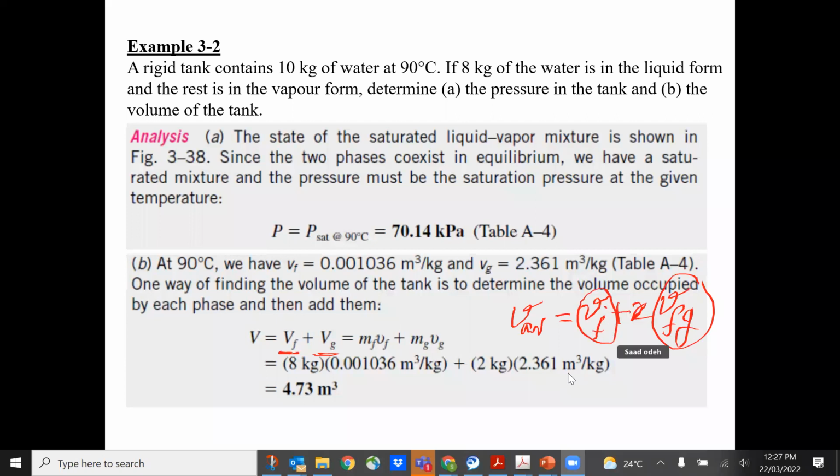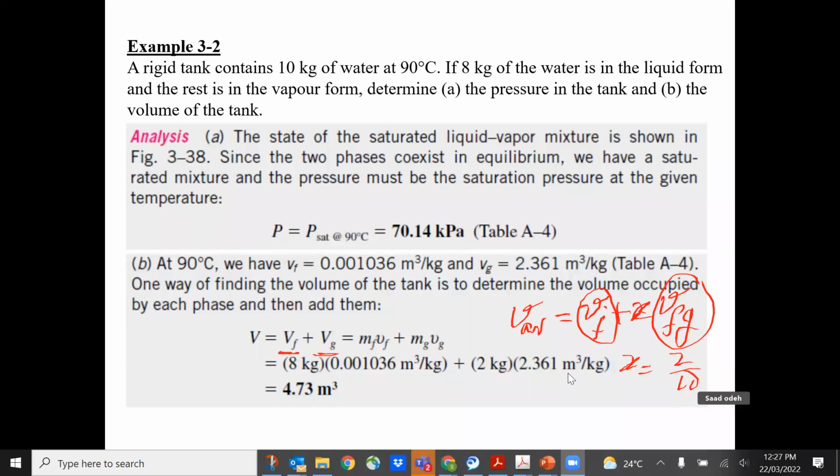And if we know X, what's X? We need to find X. X is the vapor divided by the total. So the vapor, we said 2 kilogram, divided by 10, so 0.2. Yes, X is 0.2. Correct.